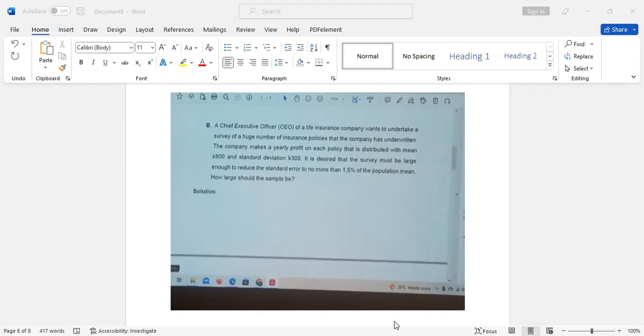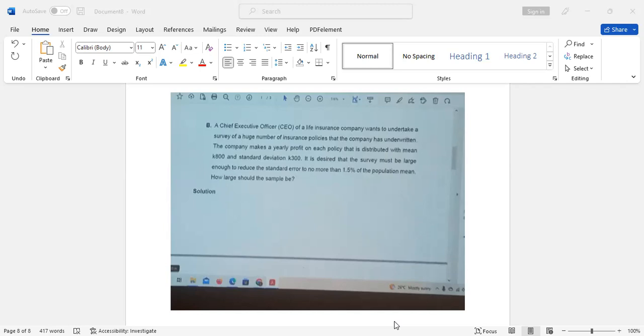Our standard deviation is 300. It is desired that the survey must be large enough to reduce the sampling error to no more than 1.5% of the population. How large must the sample size be?